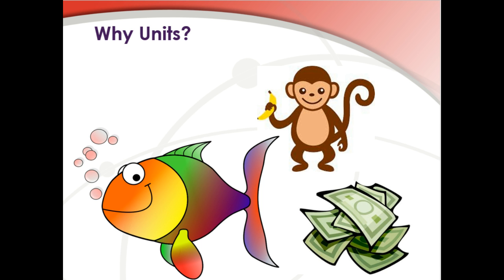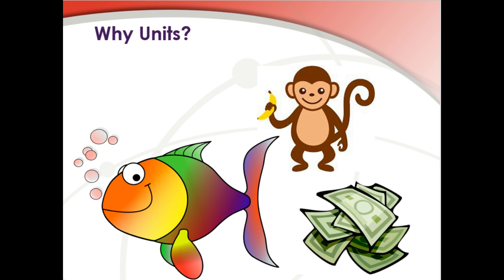So the unit is incredibly important to us as a reader to tell what we're talking about, but also for you as a student, because it helps you keep track of what you're doing. One of the most important things in chemistry is simply unit conversion. If you can convert units successfully and confidently, you can very easily be successful in chemistry.